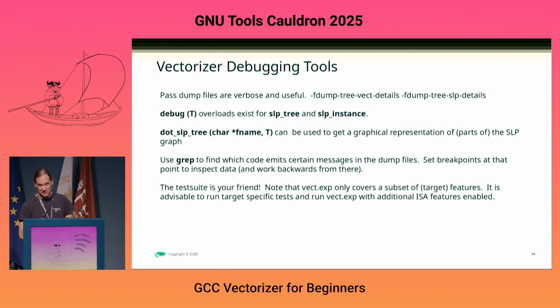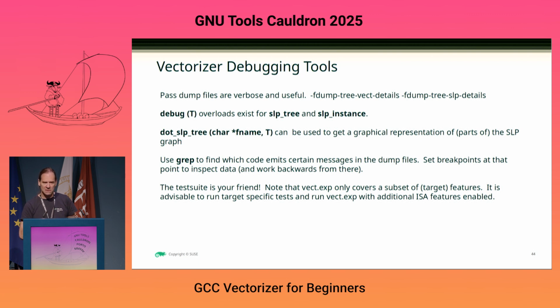And the test suite is your friend, even if the coverage is not too great, but it's good enough that when you hack in the vectorizer, you only execute the vect_exp part, that you usually catch the very big issues. When you are working on more target-specific features, you have to enable some ESA features or run the target-specific tests.